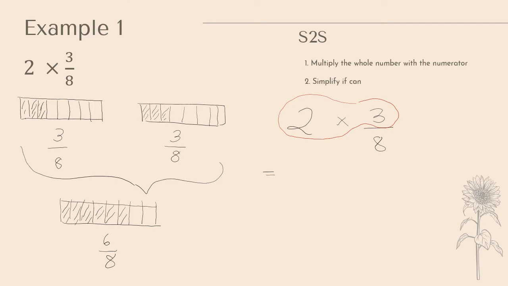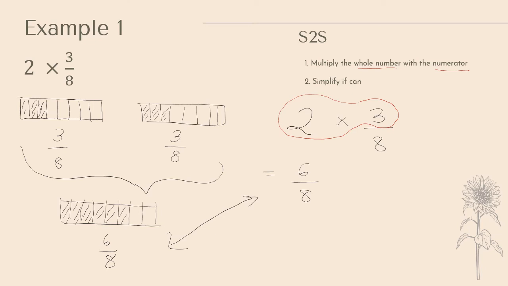So multiply the whole number with the numerator. 2 times 3 gives us 6, and the denominator stays the same. Now, if you can see, they are the same.